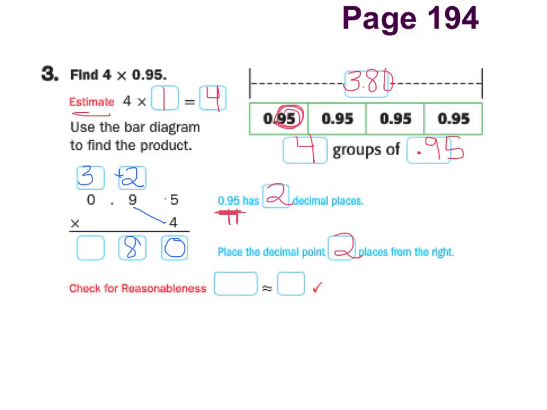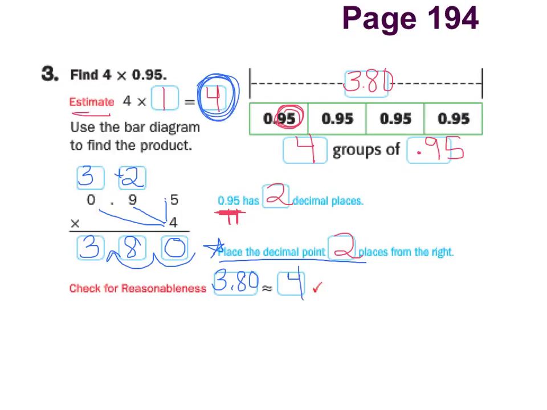Put the 3 over here. Then I do 4 times 0 is 0, plus the 3 is 3. So I have 380. But I have to remember to place the decimal point 2 places from the right. 1, 2 places from the right. So I get 3.80, which is pretty close to 4. So I know that my answer is reasonable.